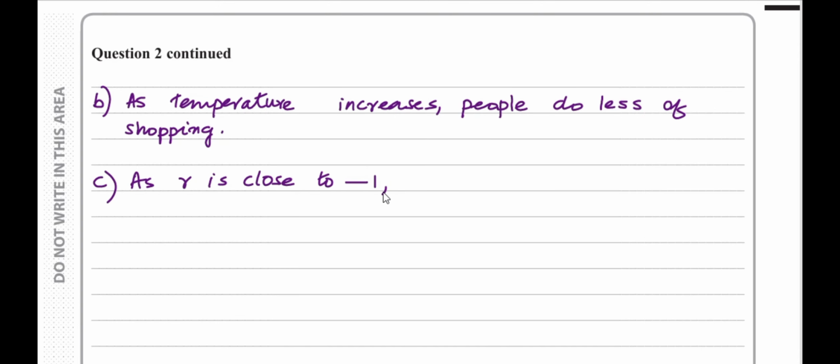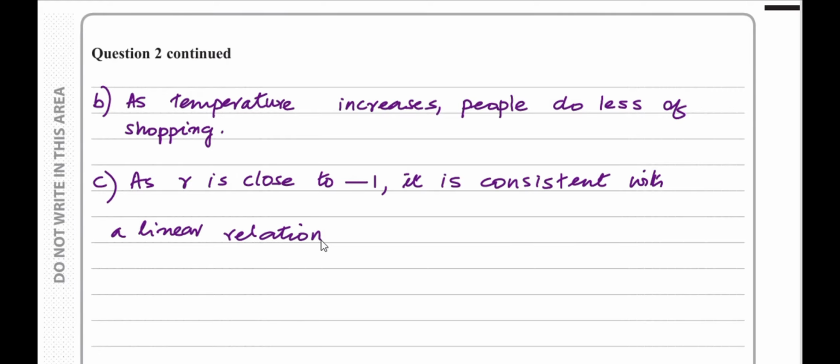So as r is close to -1, it is consistent with the negative correlation, with a linear relationship showing negative correlation.